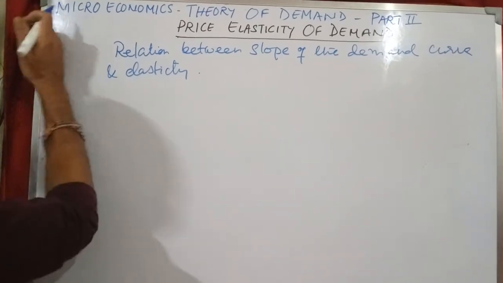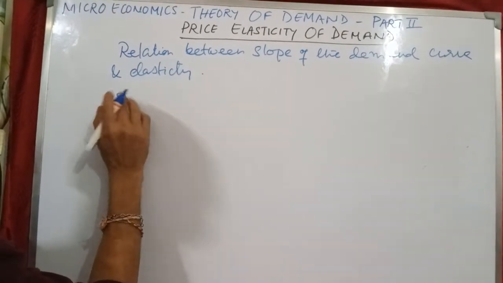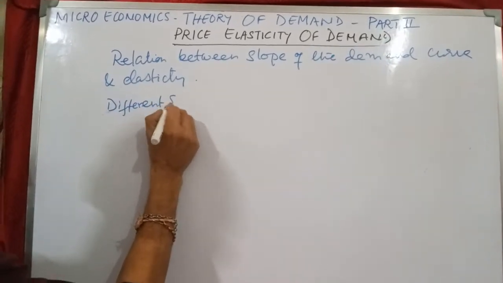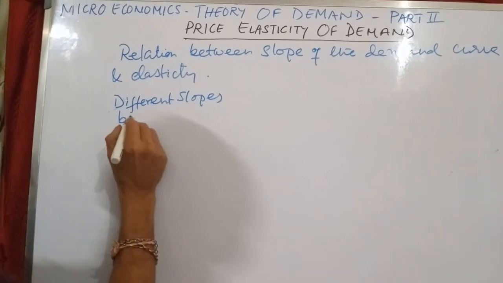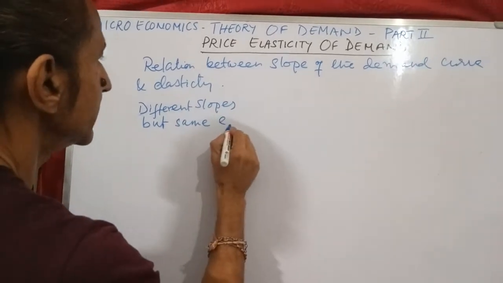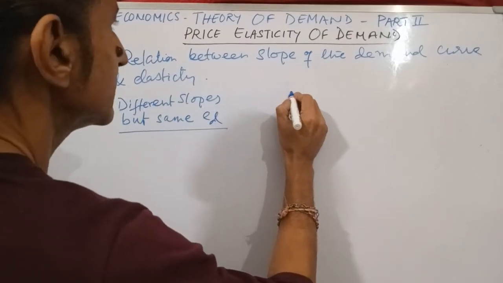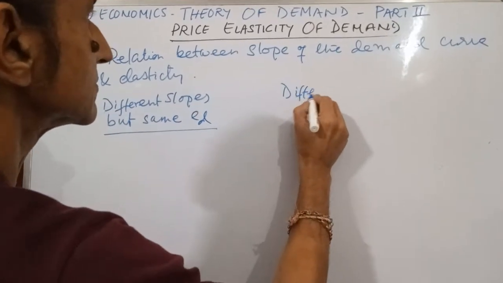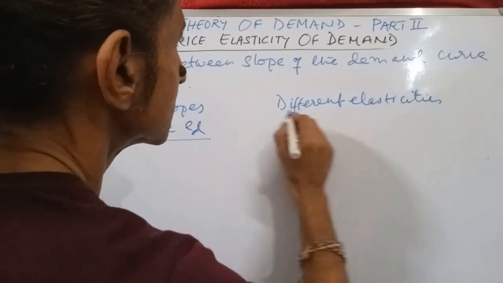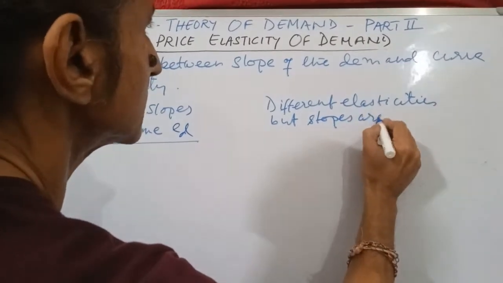In this diagram, different slopes but same ED, and here I am drawing the diagram where we will find different elasticities but slopes are the same.